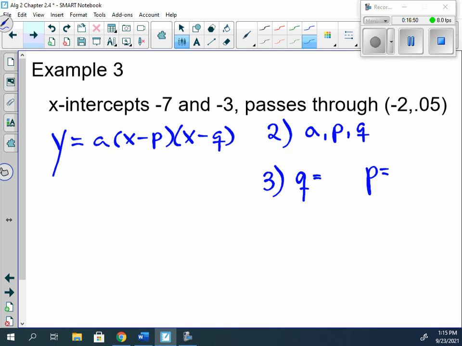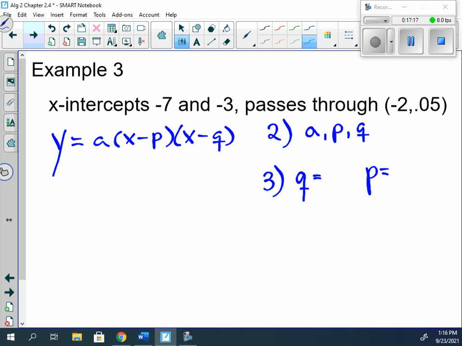Now, can someone tell me what the value of p is? So we're saying -3. Does anybody think p would be something else? -7? Does it really matter what p or q is? No, because when we plug them in, they're being multiplied together, yes? Can I multiply any two things in any order?